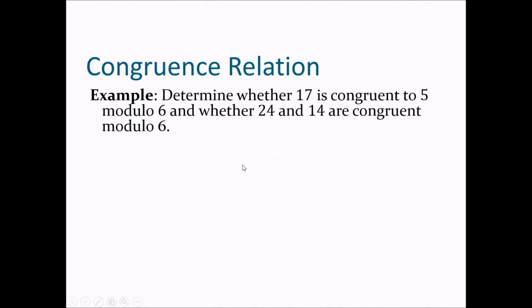Now there is an example of congruence relation. Determine whether 17 is congruent to 5 modulo 6. Before having a look at the result, let's try it. What we need to check is whether 17 is congruent to 5 mod 6.